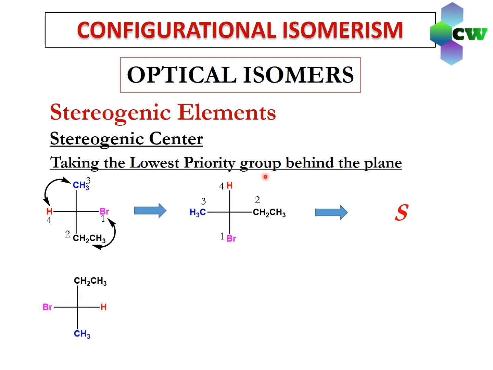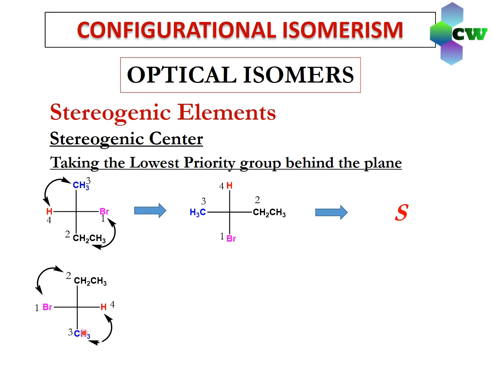For the second Fisher projection, again you can exchange H with C2H5 here, and then you exchange Br with CH3, or you can exchange with the CH3 as well. So you take it to the upper portion on the vertical axis, or you take it down here.